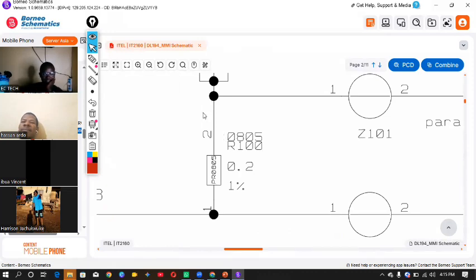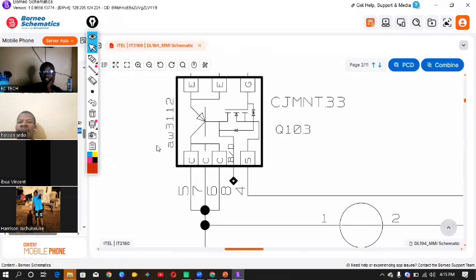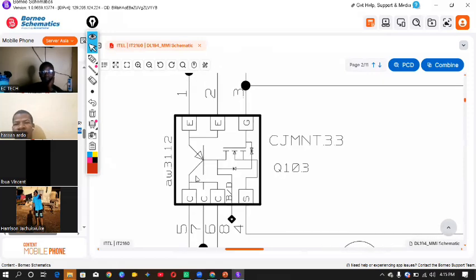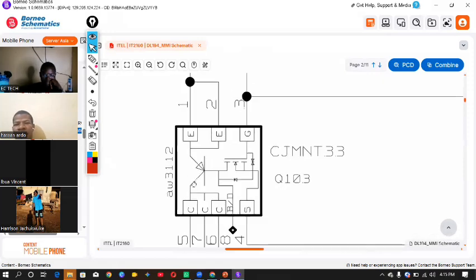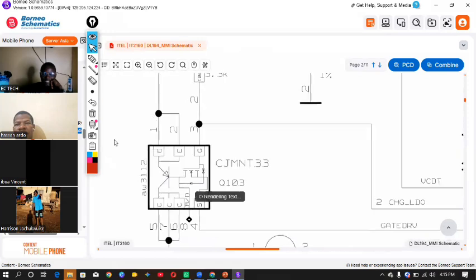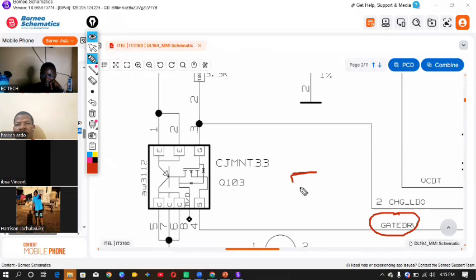Now for us to read what is going on here, this means that if this voltage is not present, this is not going to drive.